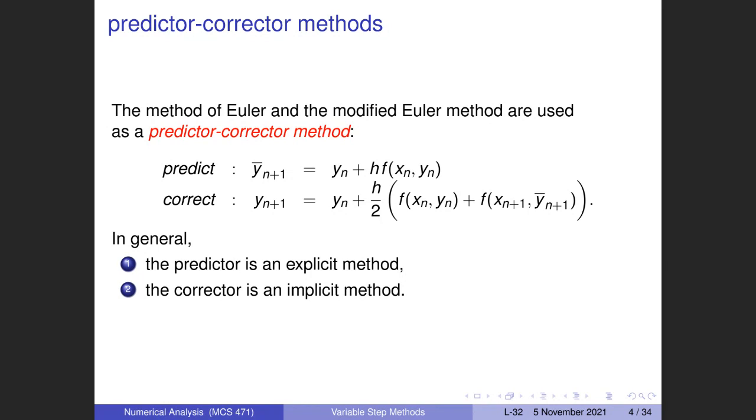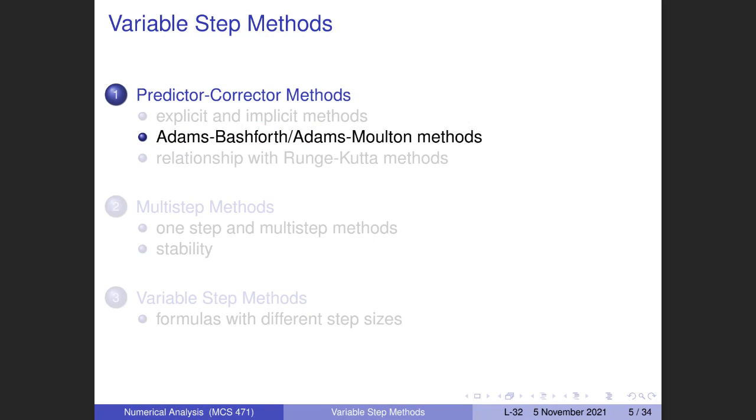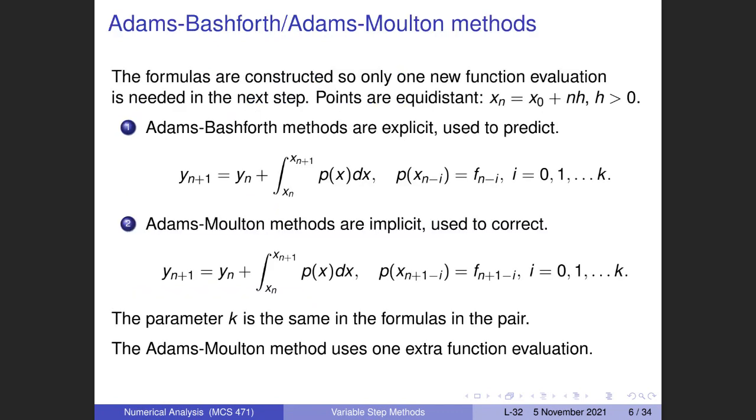So let us generalize this. Euler and the modified Euler are very simple methods, often too simple to be of use in practical applications. So we consider the family of Adams-Bashforth and Adams-Moulton methods. Here it is.